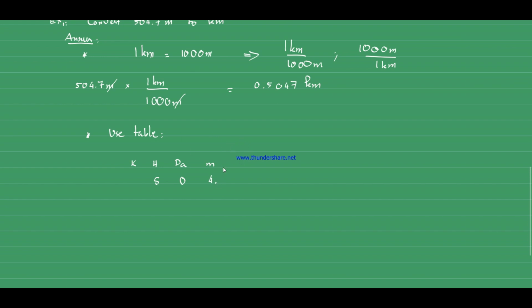Because we want to go from meter, in the column meter we put this one, and 7 after the meter column. So let me draw the column here. Each column has one digit. However, at the meter column you must have the digit that contains the decimal point.